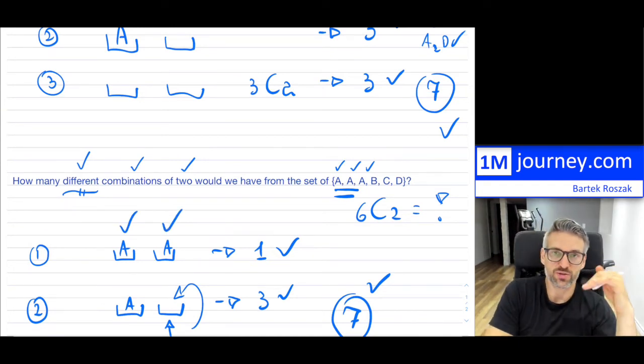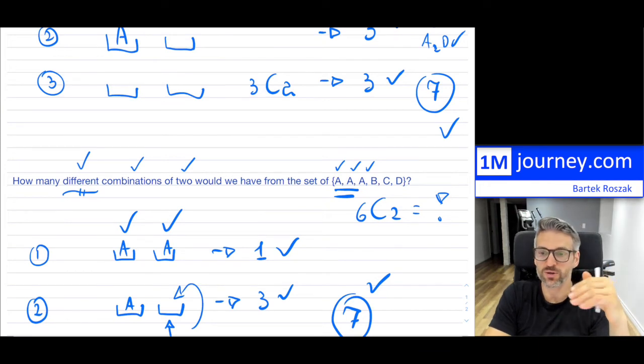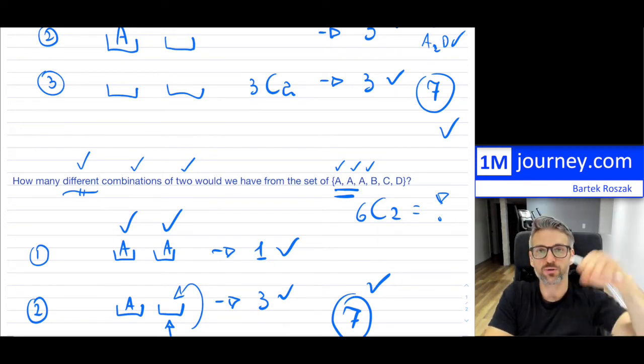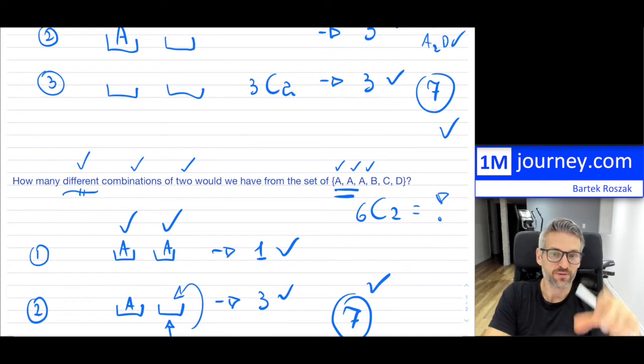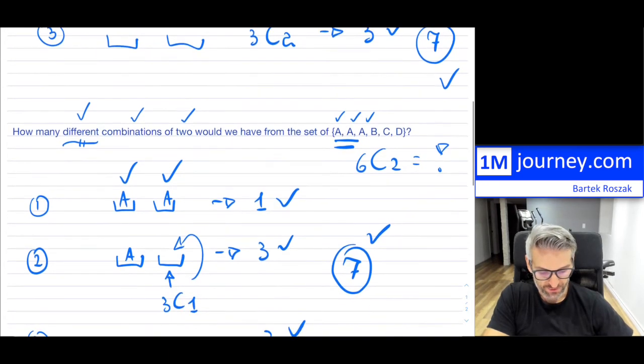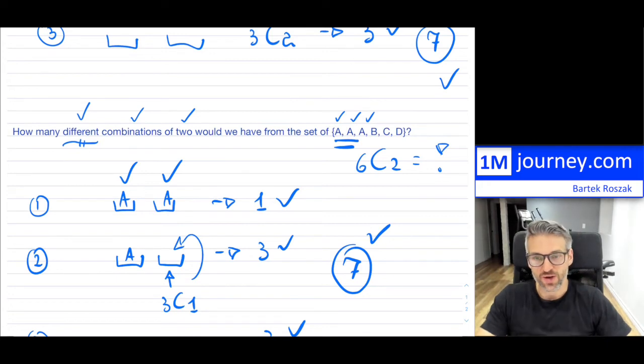So if eventually you start talking about probabilities, like what's the probability, if you had these in a bag, that you would pull out 2 A's, then obviously the probability is much higher if you have more A's in there than fewer A's. But if you're just looking for the different types of combinations, then the combinations would be the same. Just some of them would repeat more often than others. So that's something that you have to think about.